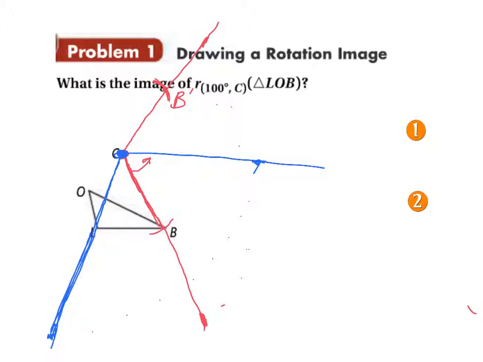So you know how far you've rotated it, 100 degrees. Now you have to measure how long CL is. So I'm looking for this arc up here that you measured. Remember your point of the compass at C, measure that arc to L, transfer that distance over here, and that's your new L. That's L prime.